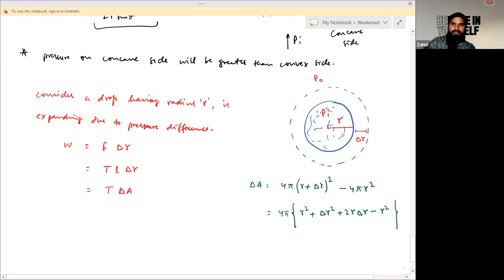So this part and this part will cancel out. This is the square of a very small term which may be neglected. So we're left with only this part. On multiplying with this, you will get T times 8 pi r delta r as equation first.